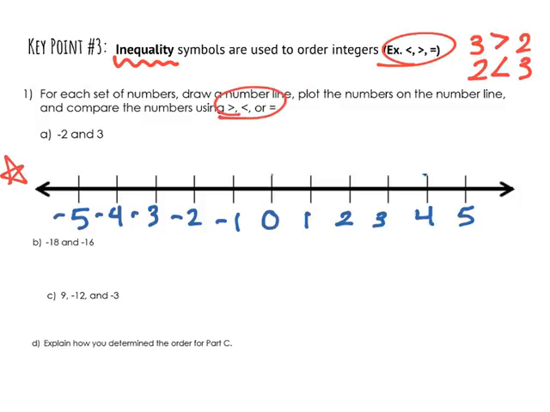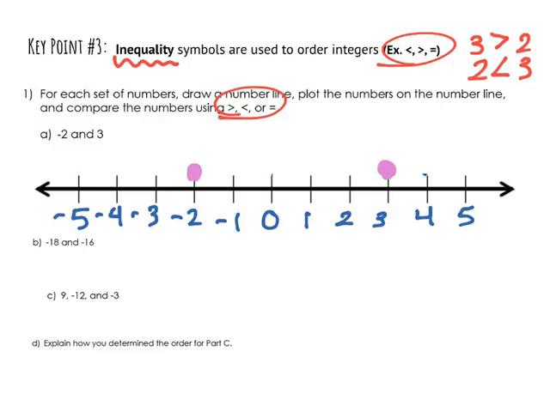So part A wants us to plot -2 and 3. So -2 is already provided on this number line with a scale of 1. So now after I've plotted them, they want me to compare them using these inequality symbols. I need to think, how can I know which number is greater?